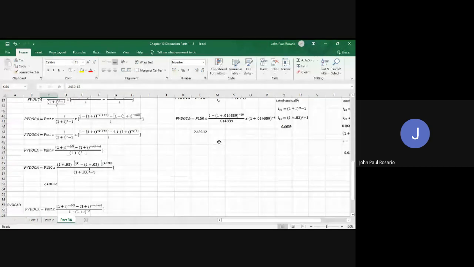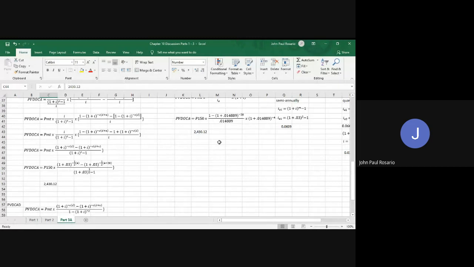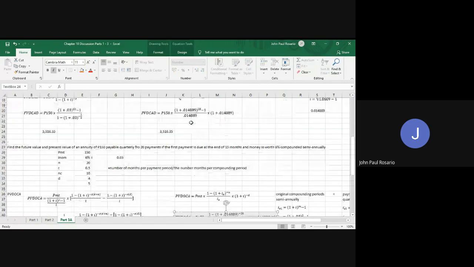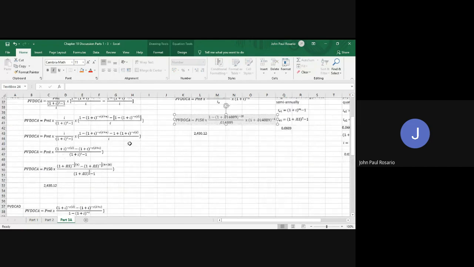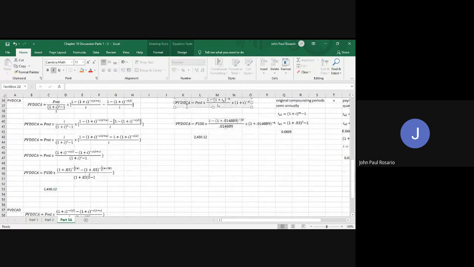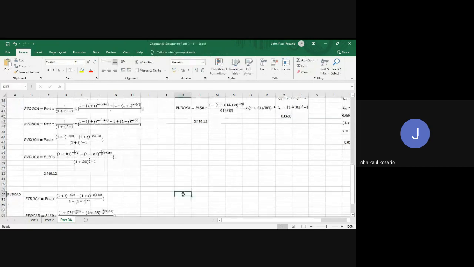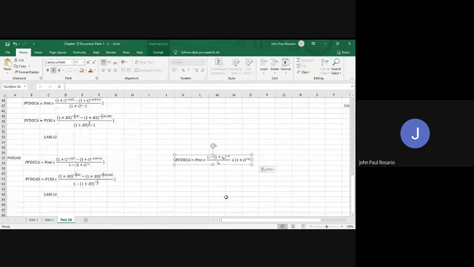This is the thing with deferred annuities, except for the future value: for the present value part, whether the problem is a due or an ordinary annuity, you would arrive at the same answer.